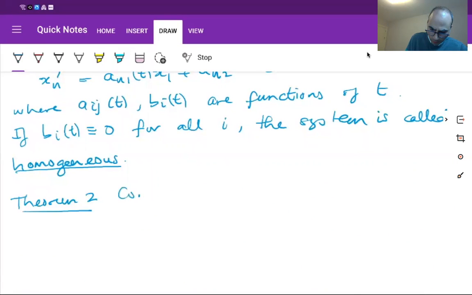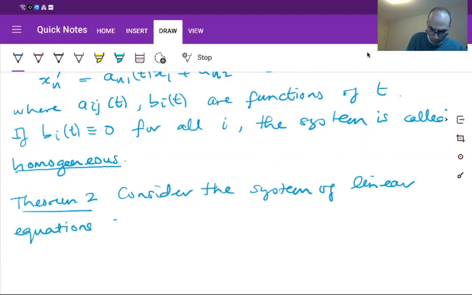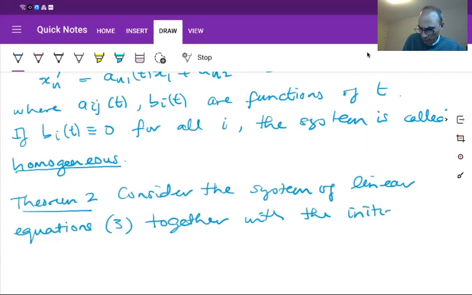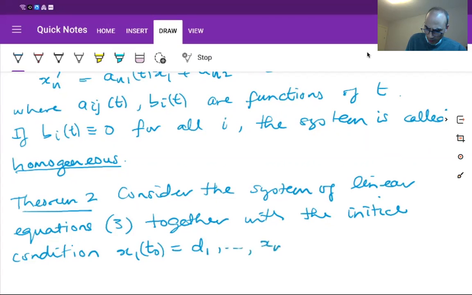So consider the system of linear equations 3, together with the initial condition x1(t0) = d1, up to xn(t0) = dn.